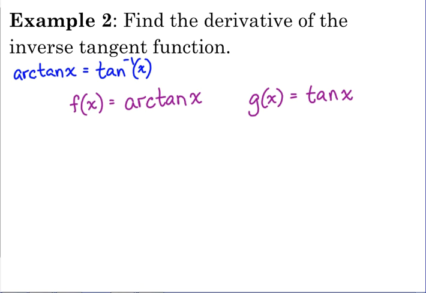All right, so let's apply this using our rule here. We're trying to find the derivative of the inverse function. So that's 1 over the derivative. I think I've got my f and g mixed up here.